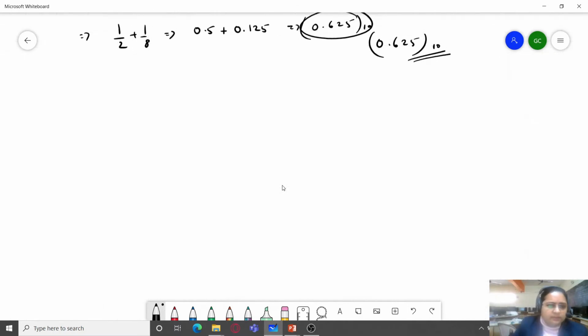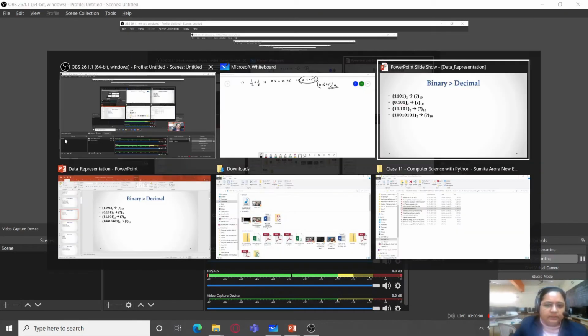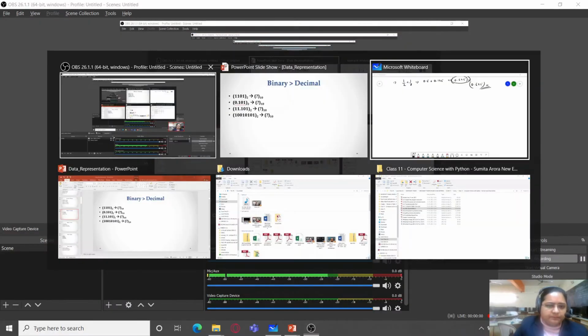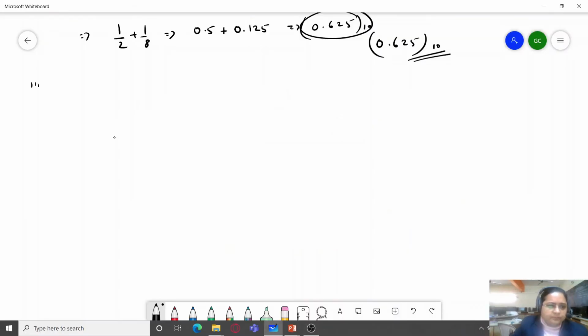Next is the third one, that is 11.101. Again we would write the digits and assign weights, and raise it to the power of 2.